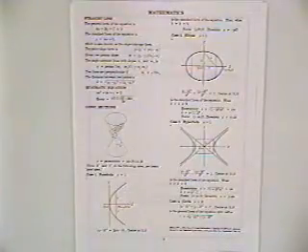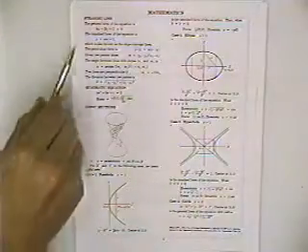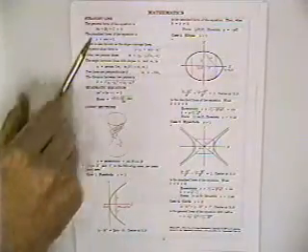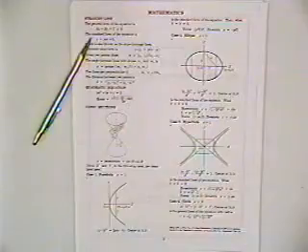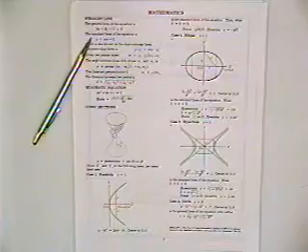Now, a straight line, as shown in the figure here in the first equation, generally has the form of a constant times x plus a constant times y plus a third constant equals 0. And that will give you the equation of a line in an xy coordinate system.